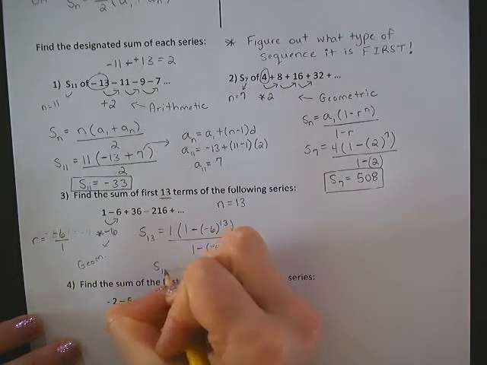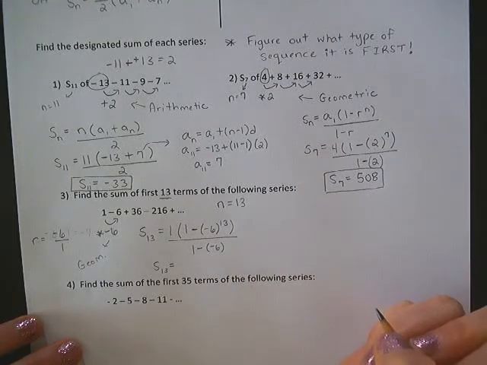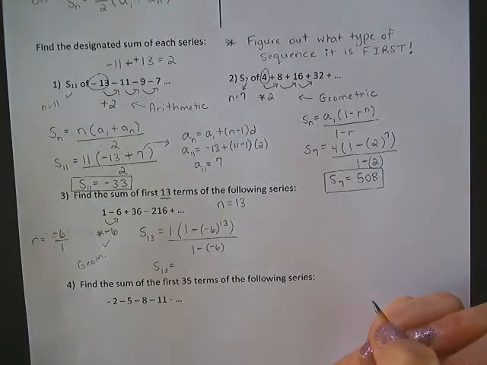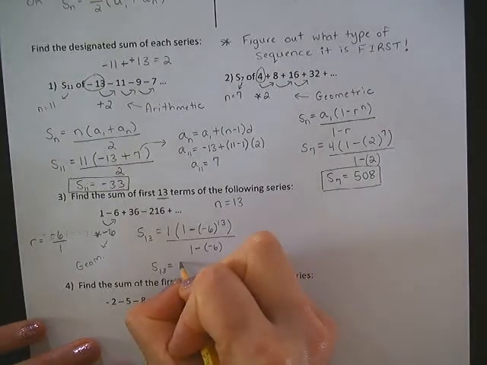So all I have to do is type that in my calculator. And for this one, I end up with a doozy of an answer, which sometimes with geometric sequences does end up giving you a huge answer. So it's okay.